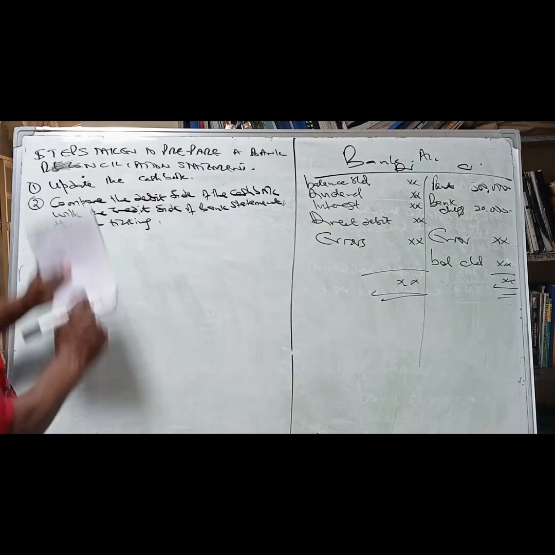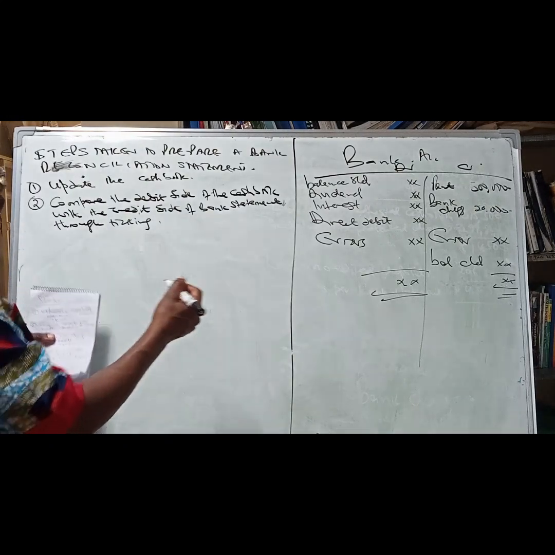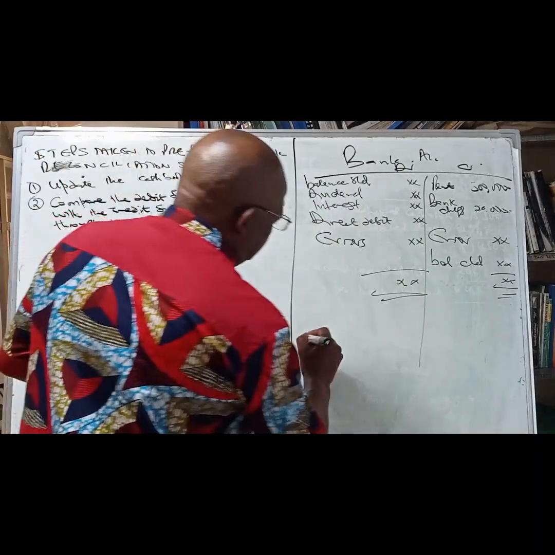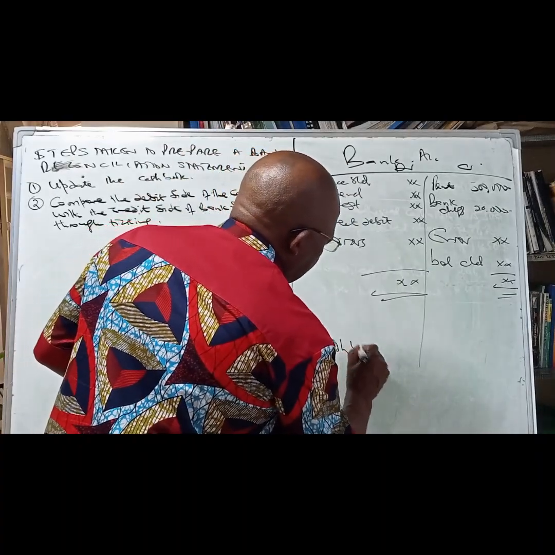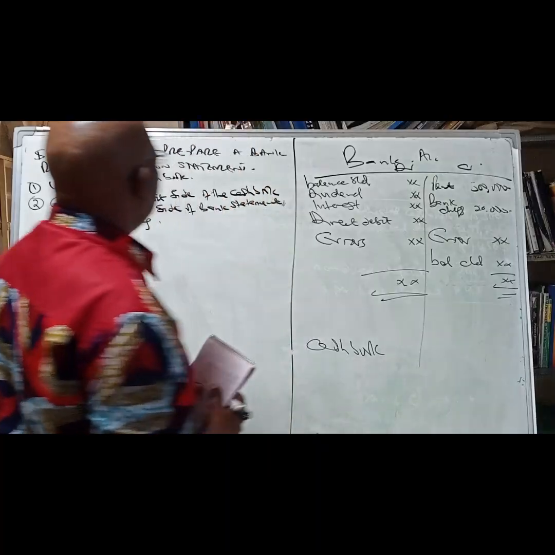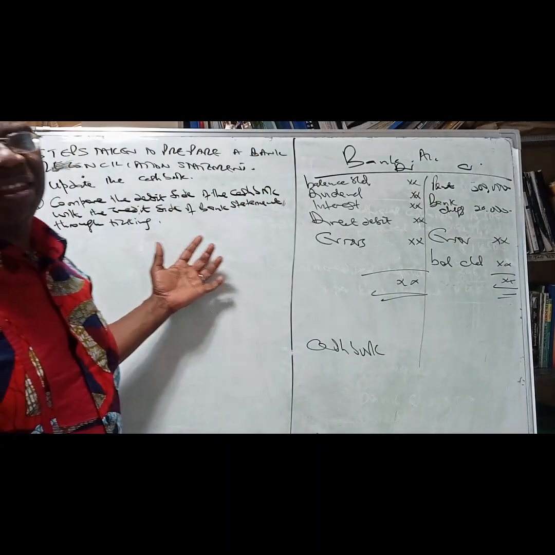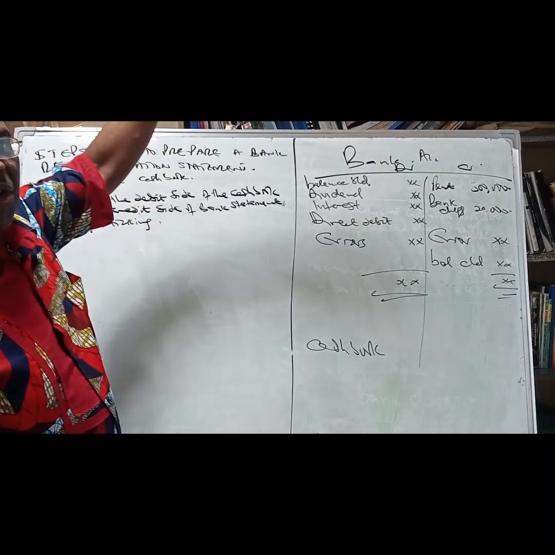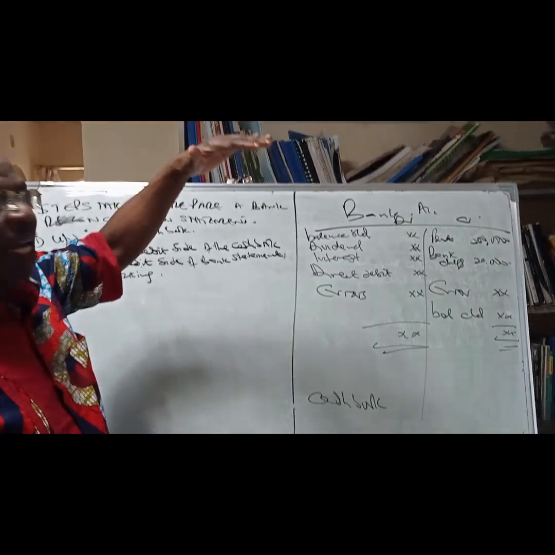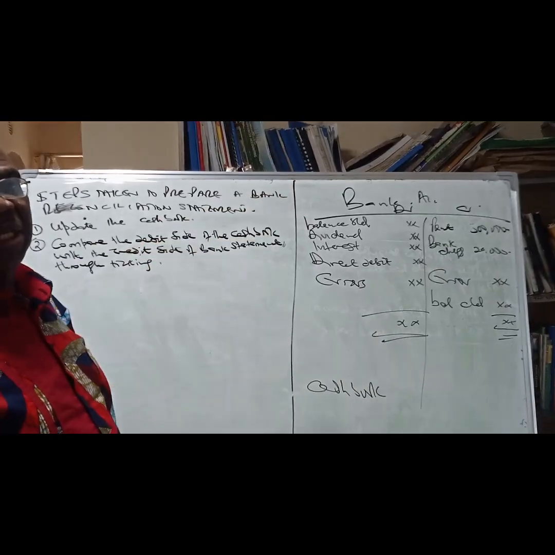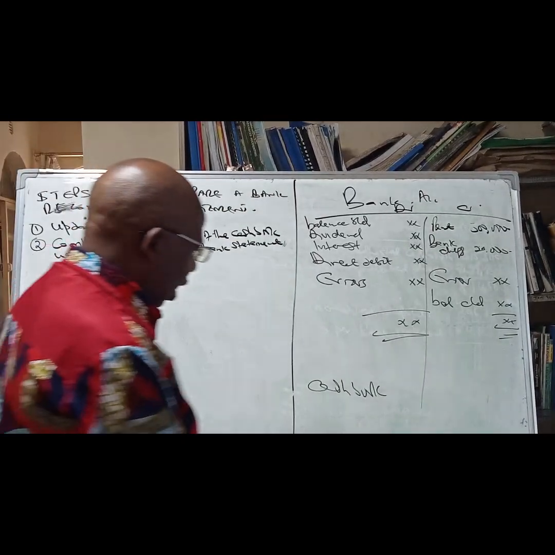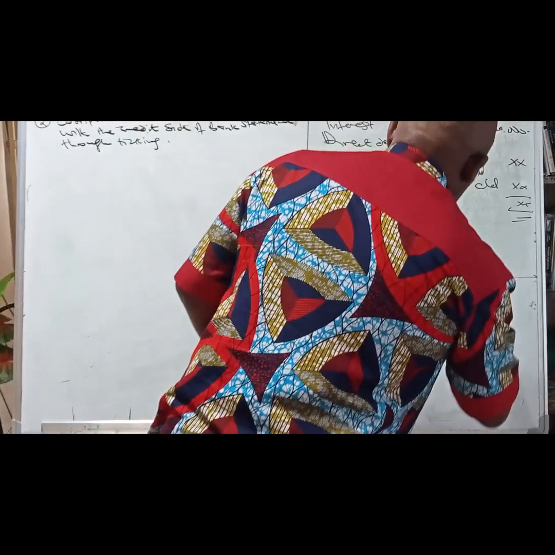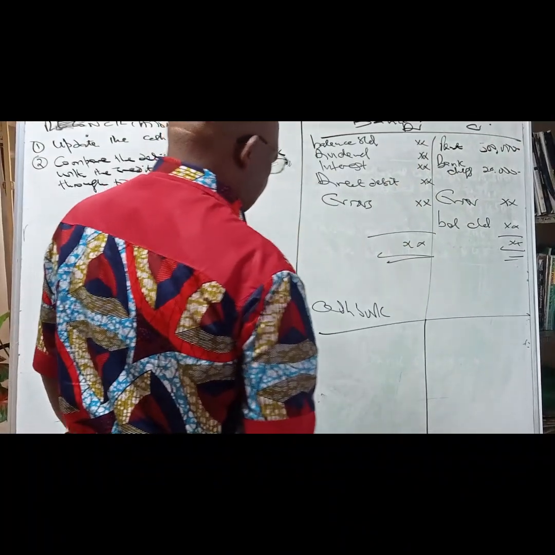So this is our bank statement, and this is the cash book. Many times the only thing you have in the question is a very big document, the bank statement and the cash book, and all you're supposed to do is tick the corresponding entry.